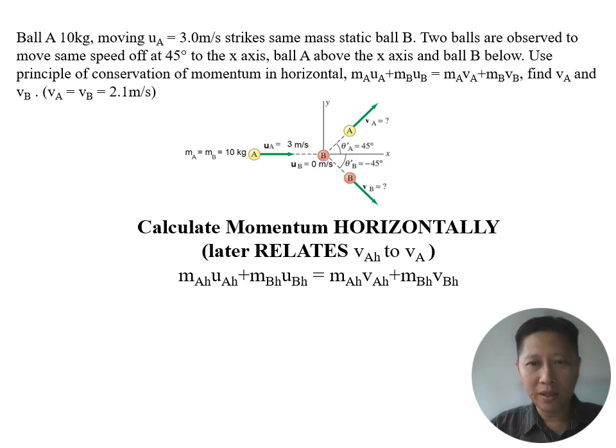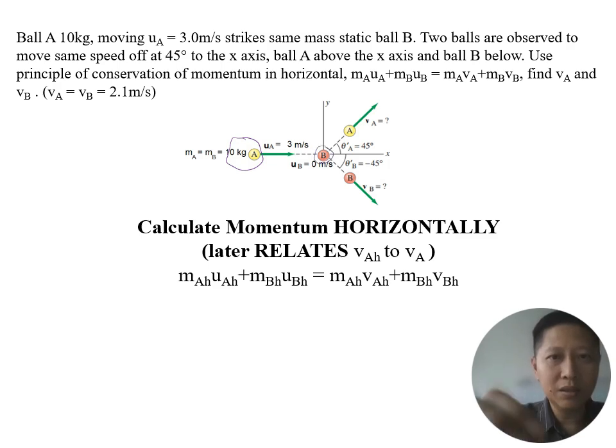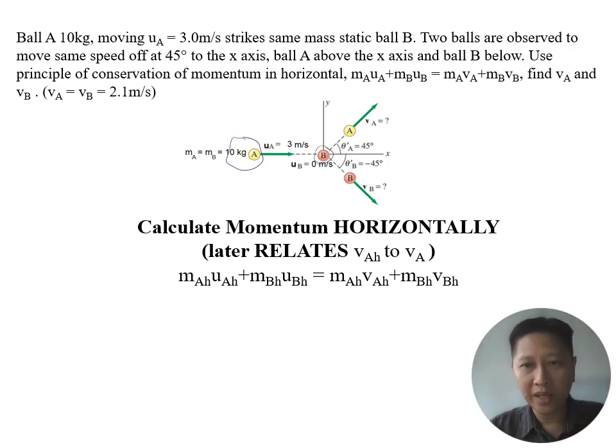Let's look at one example here. We have a yellow ball that is 10 kilograms, and then we have a brown ball B, that's also the same, 10 kilograms. Before the collision, the yellow ball is moving at 3 meters a second. We use U to represent the initial velocity. Ball B is static, 0 meters a second.